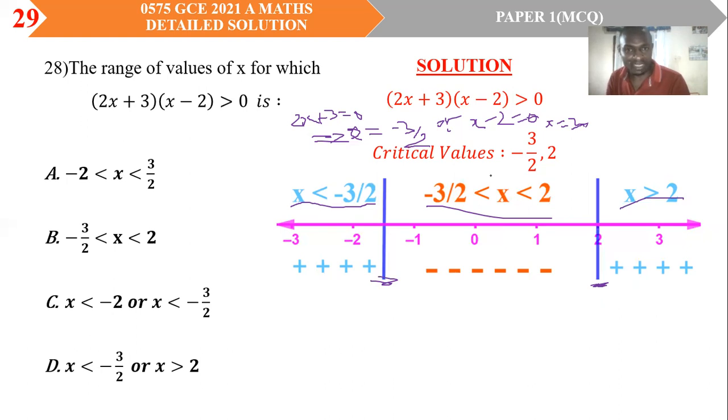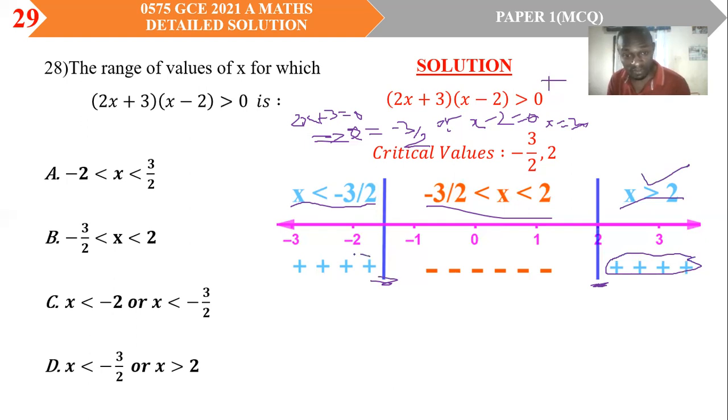Now, looking at the inequality, this expression is supposed to be greater than 0, meaning that the inequality is describing a product which is greater than 0. And a product which is greater than 0 is a positive product. So where we have a positive product, we circle the positive product and we tick the range as part of our solution.